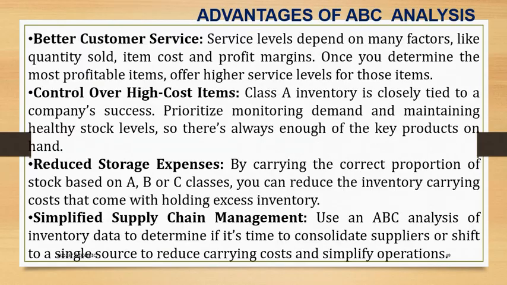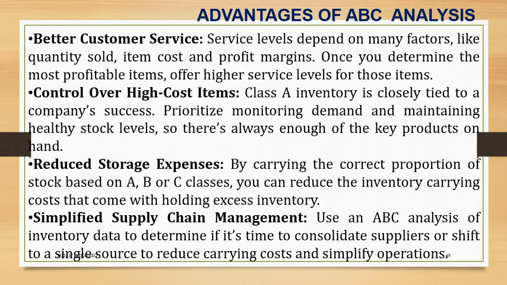Are we good? Great. And then you have better customer service. If you're able to categorize your goods in this ABC analysis, it helps you to provide good customer service, because you always know, okay, these customers always come for these B items. You get it? So you make sure that you provide the right quantity and the right quality for them.